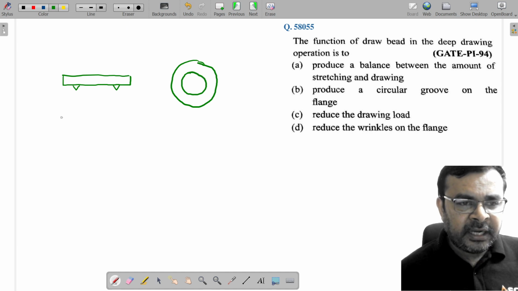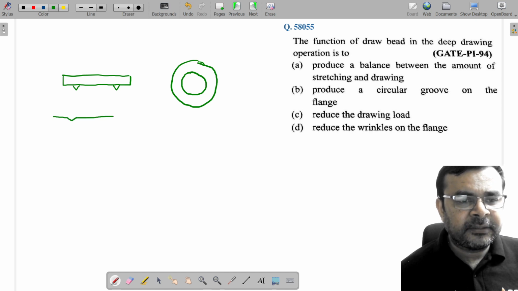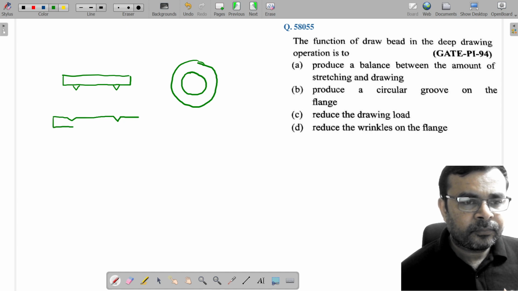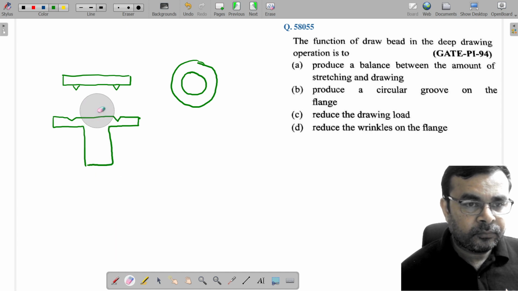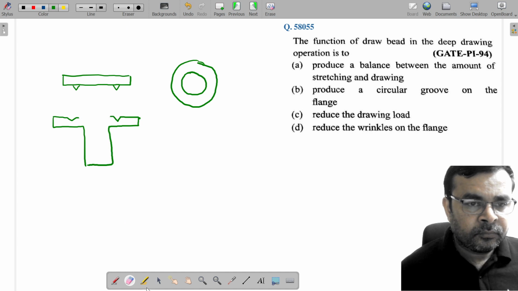Yes or no? And similarly in the die, we have a groove like this.